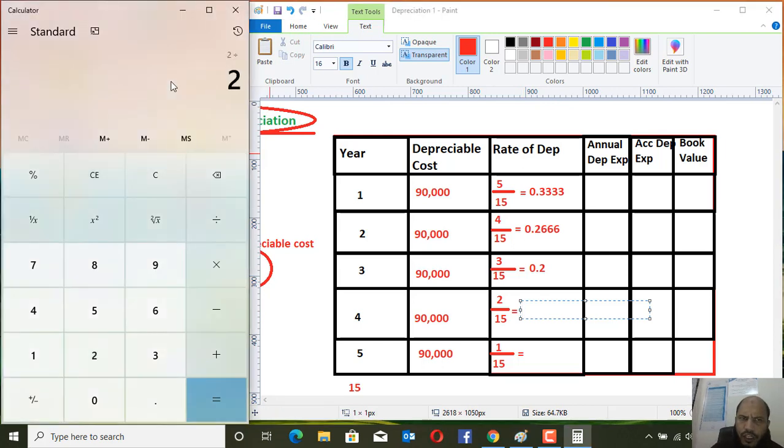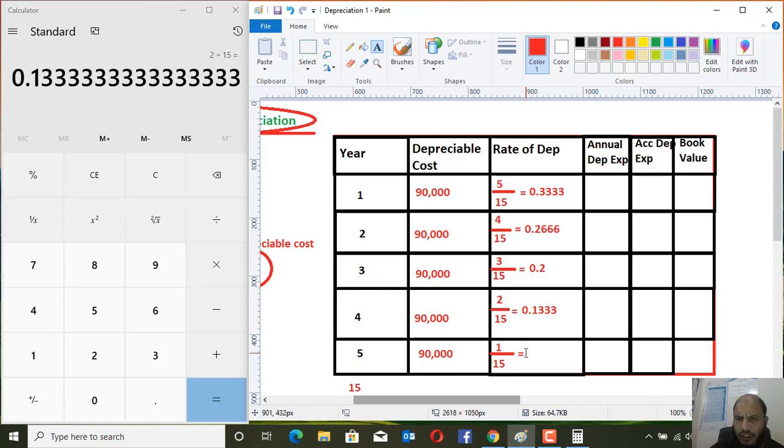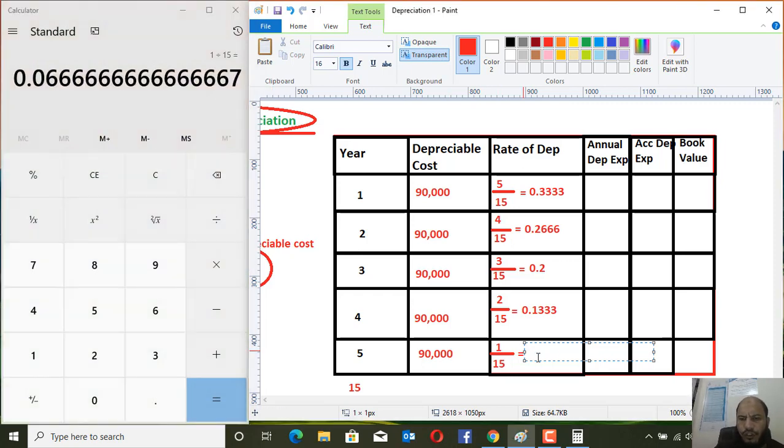So 2 divided by 15 is 0.1333, and the last one is to divide 1 by 15. 1 divided by 15 is equal to 0.0666.